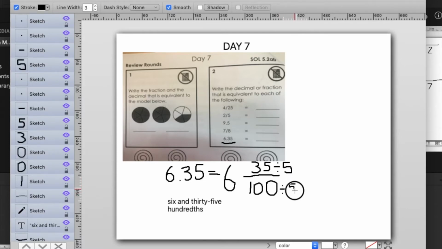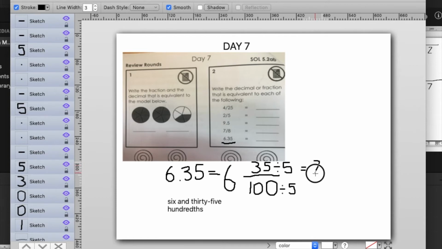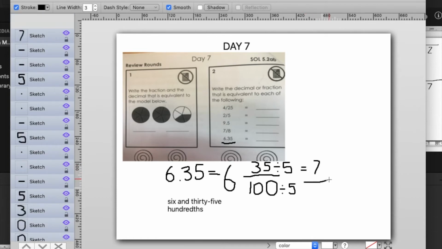Because remember, we're simplifying, so we want these numbers to be smaller, so we divide. If I divide 35 by 5, and I count up by 5s, 5, 10, 15, 20, 25, 30, 35, I've counted up 7 times. Because 7 times 5 is 35, so 35 divided by 5 is 7. Now, how many times can we fit 5 into 100? Take a second and count up.